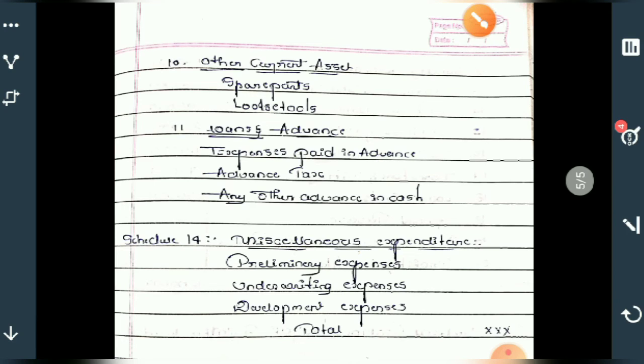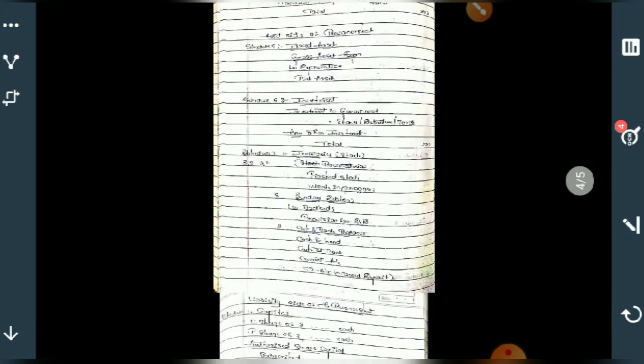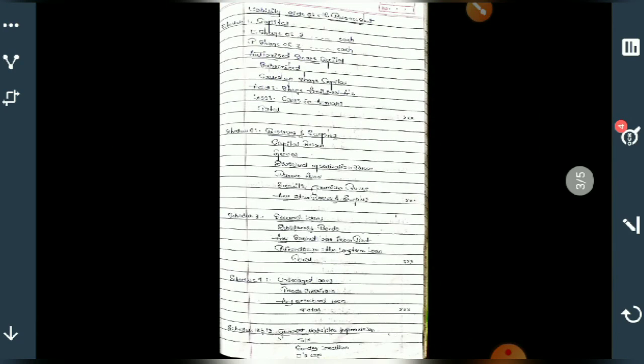And all these schedule amounts you have to calculate based on your problem. So the problem will be very easy. Just bring the amounts and place them in the schedules. That is all. Such problems will be there for you.